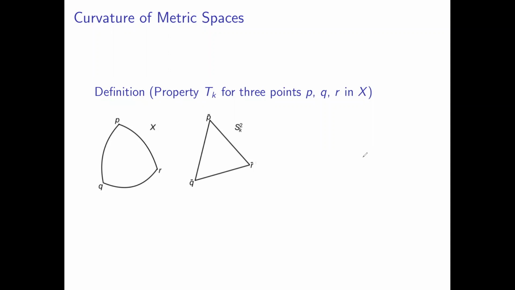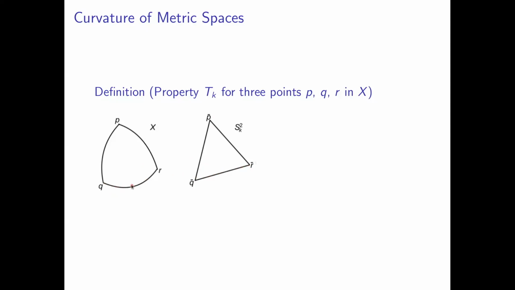And you want to take now a point S on this side. So you look at the side QR and you take the point S here. And now remember, this triangle has this corresponding comparison triangle. So these two sides, QR and Q bar R bar, have the same length.